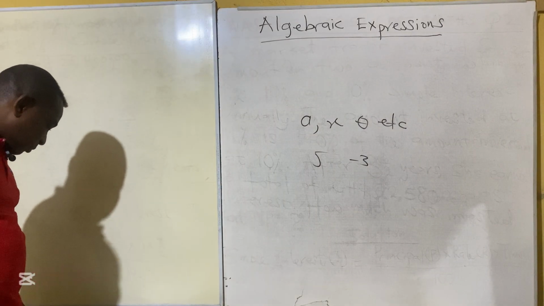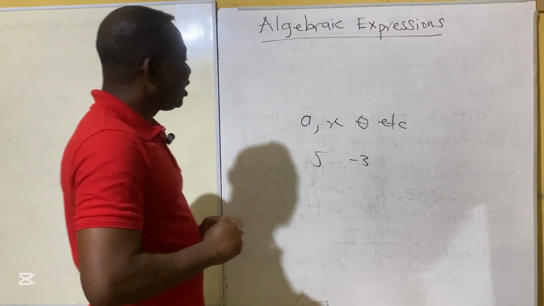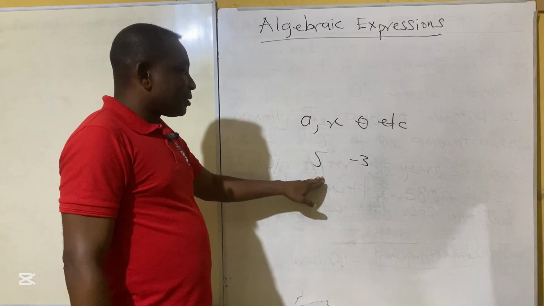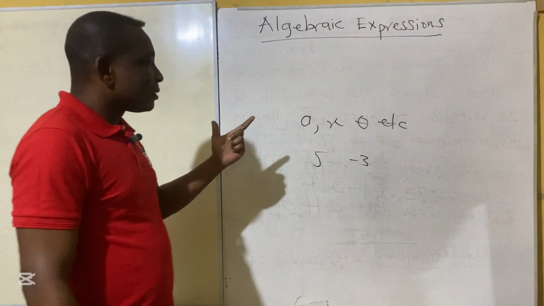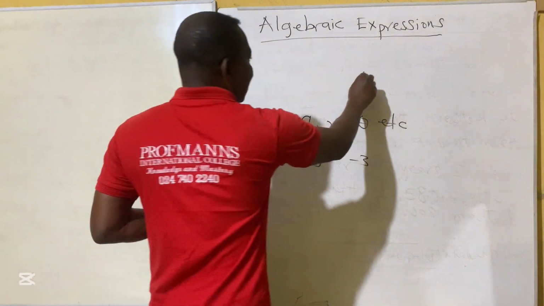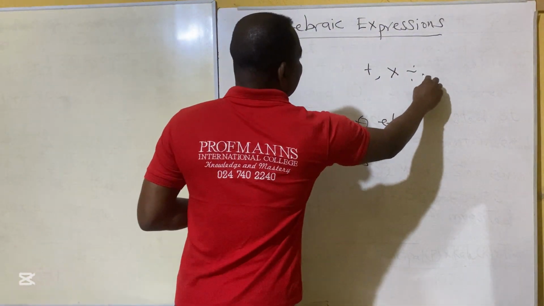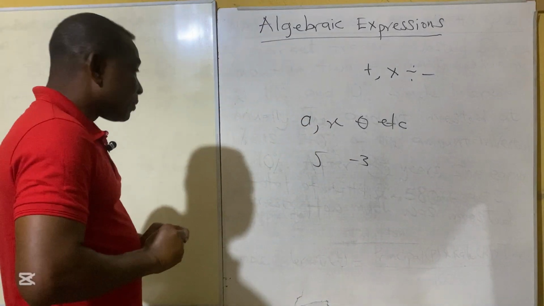An algebraic expression is simply the collection of these letters and numbers with at least one mathematical operation like addition, multiplication, division, and subtraction.